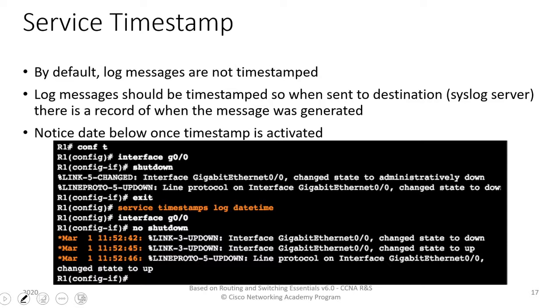One of the other things that we may need to do is, by default, these log messages are normally not timestamped. The problem is, if the log messages are not timestamped, they are not much useful to us, because when they get stored, we may not know at what time they were generated, and we may not be able to refer them back to a particular event in time. So we may have to specify the timestamp with the messages that are being sent to the syslog server.